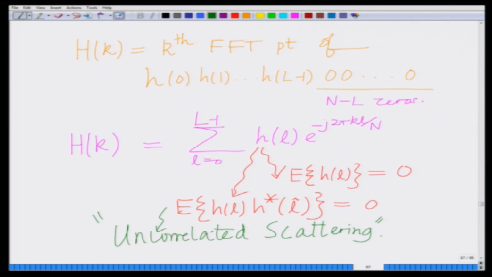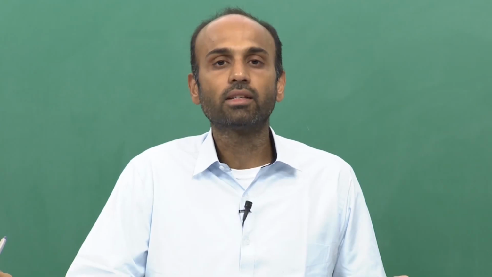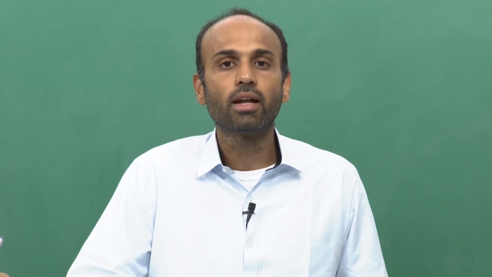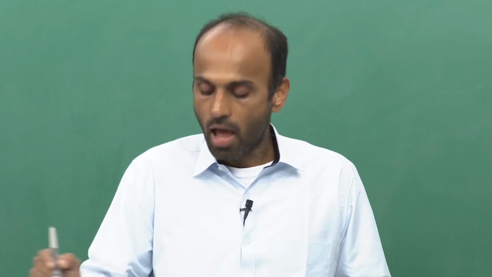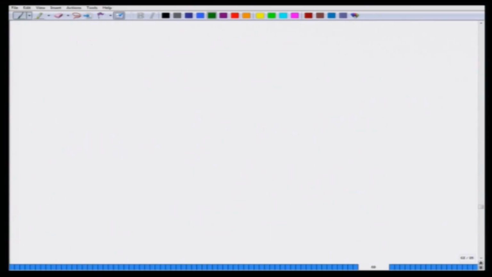This is known as an uncorrelated scattering environment. Also, we are going to assume that the power of each h l, that is the expected value of magnitude h l square, is 1.